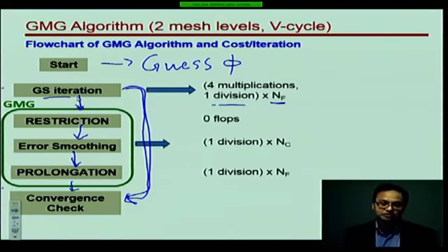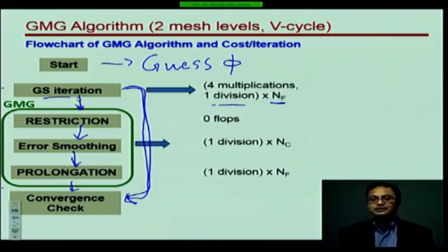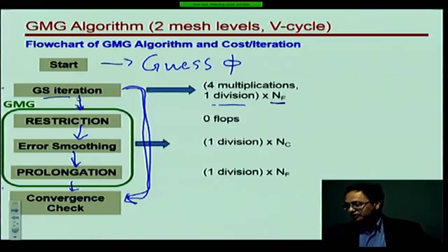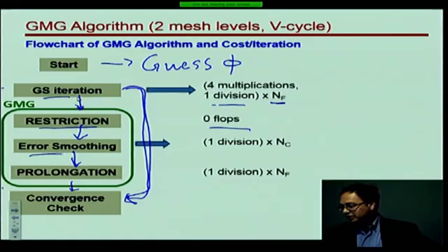Now let's look at how many operations you have in the detour. In the case that we are talking about, a simple Cartesian two-grid algorithm, restriction has no floating point operations. It's just a direct transfer of the residual from the fine mesh to the coarse mesh. 0 flops. Error smoothing, if you do one sweep of Gauss-Seidel, is just one division, as I said.